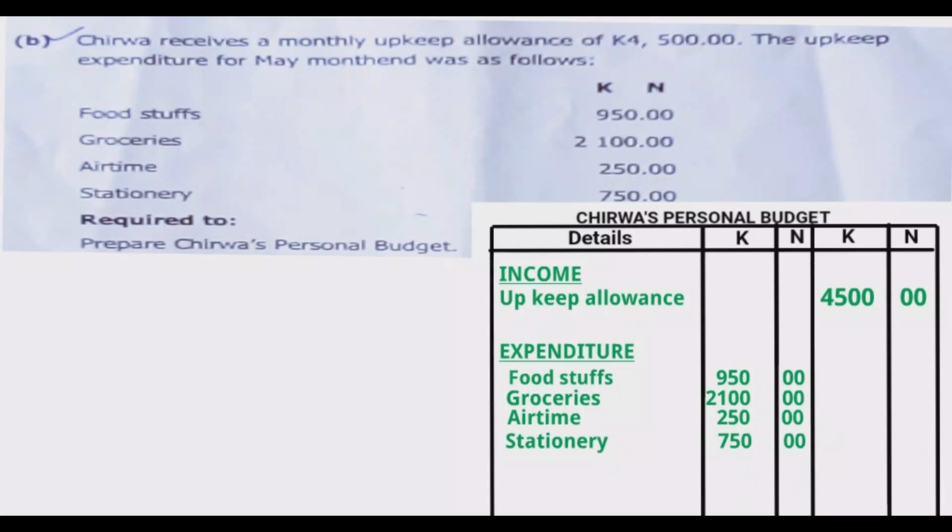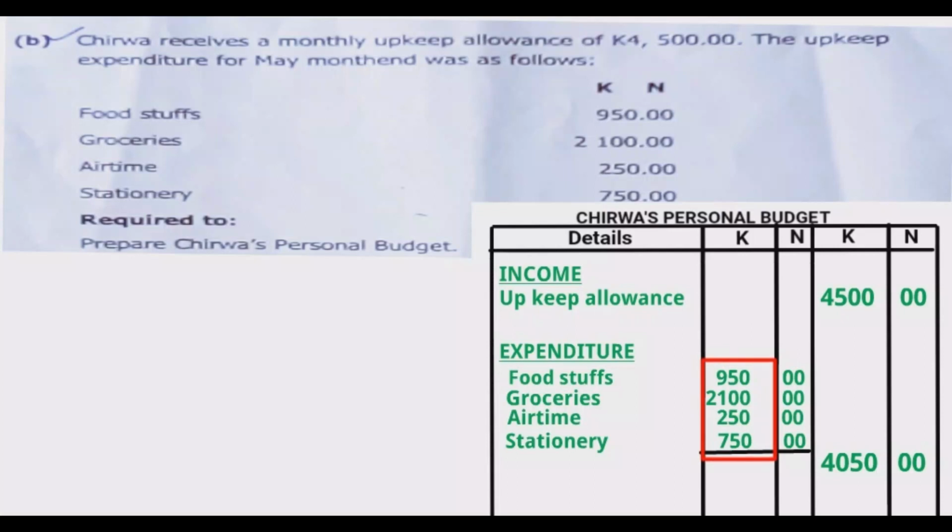Now let's find the total of these expenditures. When you add all that, we get 4,050 kwacha. We add 0 plus 0 plus 0 plus 0, which gives us 0. 5 plus 0 is 5. 5 plus 5 gives us 10. 10 plus 5 gives us 15.